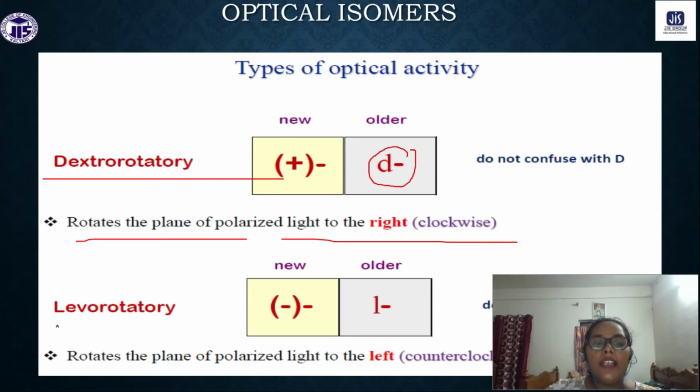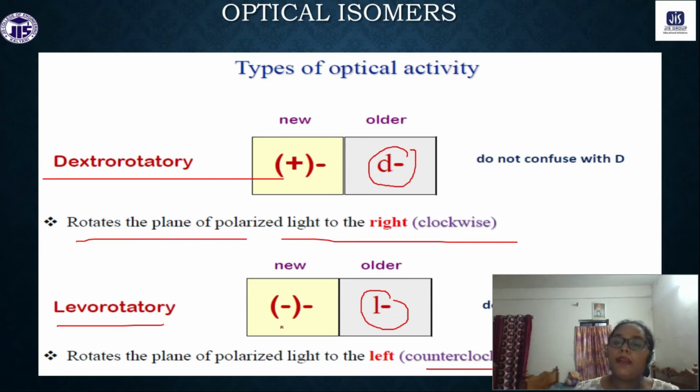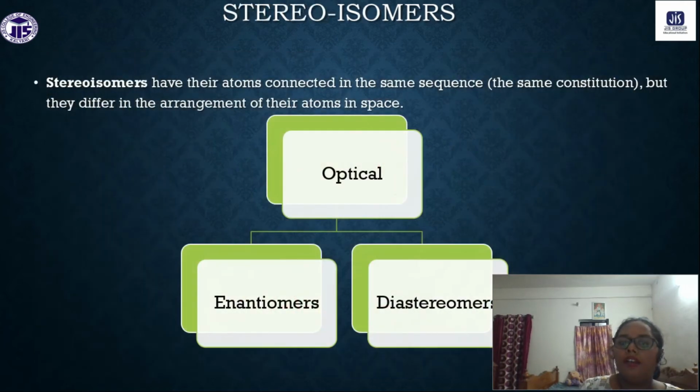Now levorotatory means the rotation of the plane polarized light is anti-clockwise. In our older version we indicated that as L, and nowadays we indicate it by the negative sign. So this is levorotatory. These are some of the types of optical activity that we can see.